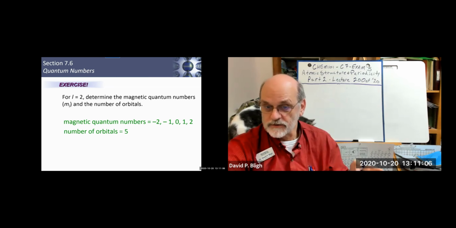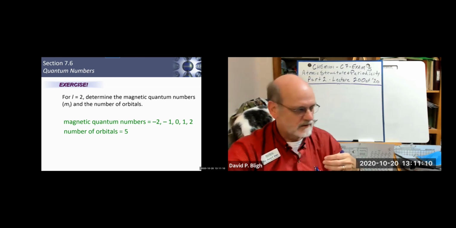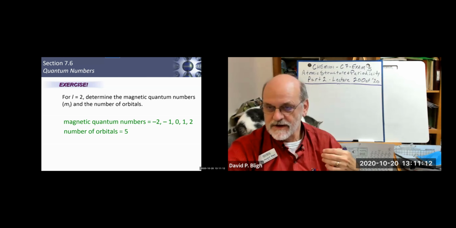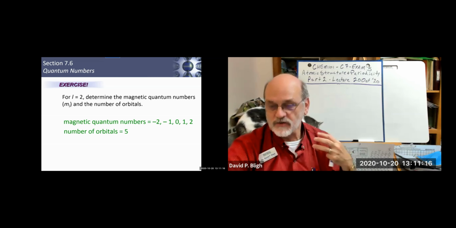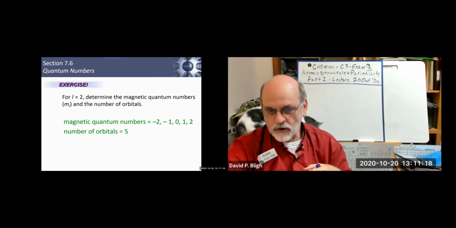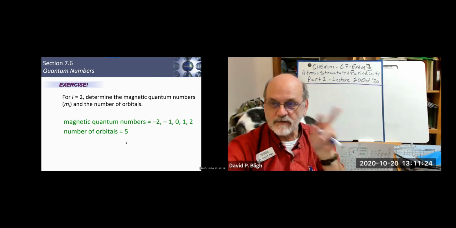So you have 5 orbitals, and just as a teaser for the next few slides, that means you can have a maximum of 10 electrons in those 5 m sub L's, because each one can have 2 electrons, plus 1/2, minus 1/2 spin.